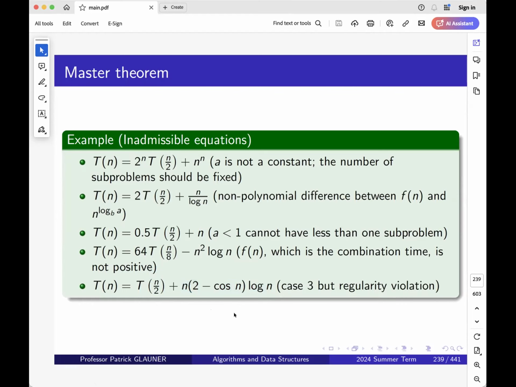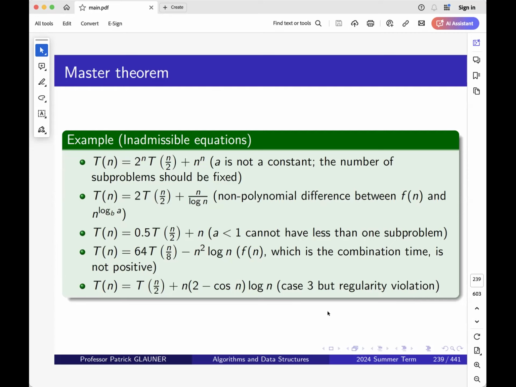It's actually case 3, but it violates one of those conditions in case 3. And that's why it doesn't work either. So always make sure when you get a recurrence relation, only use the master theorem if it has this a, b, and f of n, and it's actually a valid one for the master theorem.